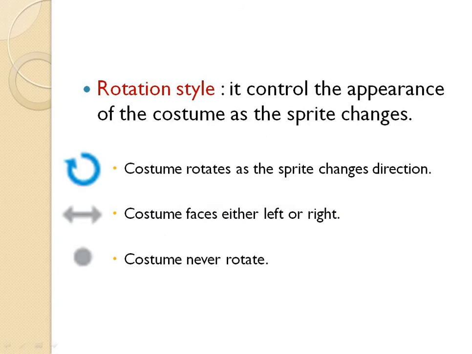So next, rotation style. This option is also available in Scratch 2.0, and rotation style is there. It is useful for the costumes which we are designing for the sprites.